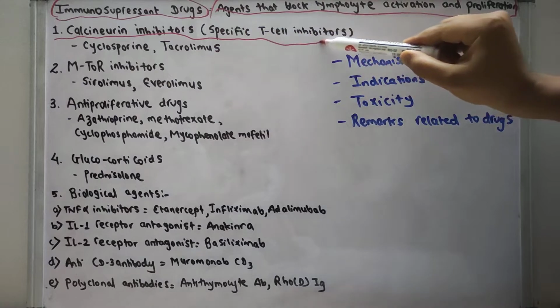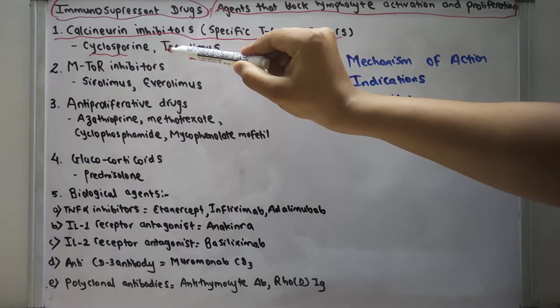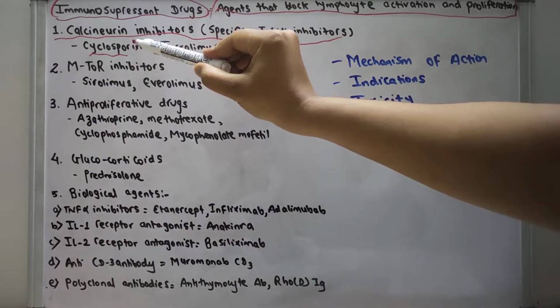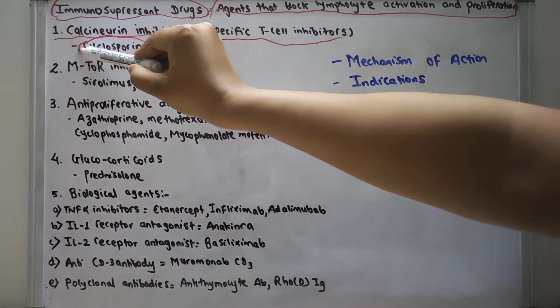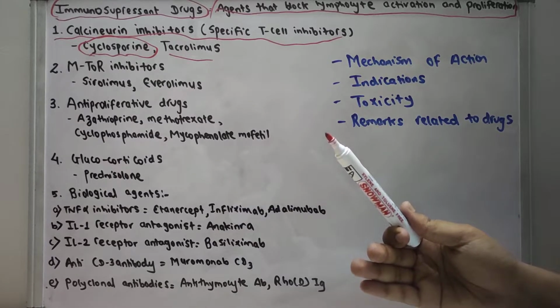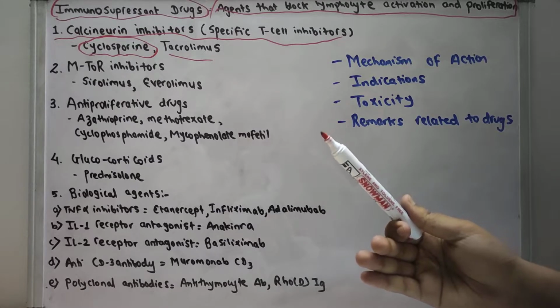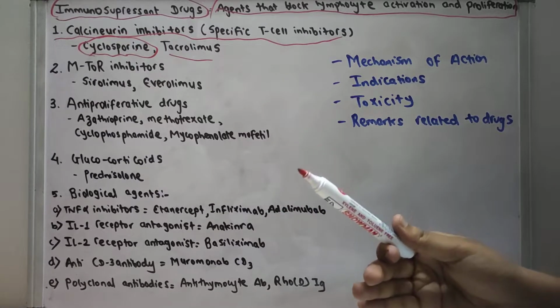So first, calcineurin inhibitors. The calcineurin inhibitors are the specific T cell inhibitors. Those are cyclosporin and tacrolimus. First of all, let us talk about cyclosporin. The main mechanism of action of cyclosporin is that it is a calcineurin inhibitor. It binds cyclophilin, which blocks T cell activation by preventing interleukin 2 transcription.